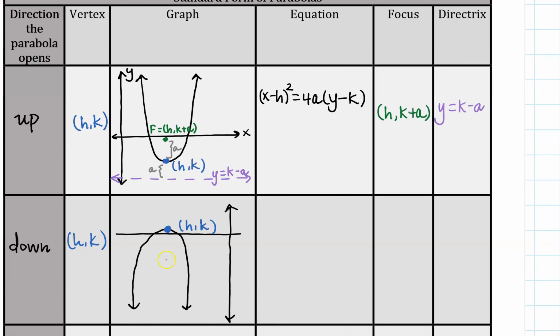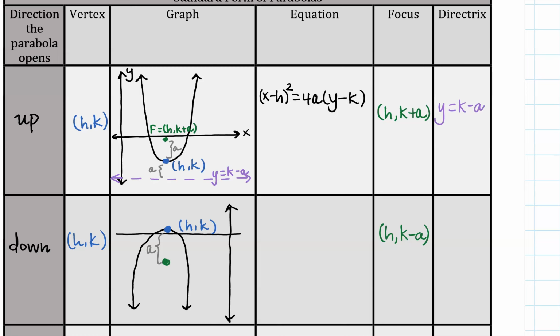The focus lives on the inside of the parabola, so it must be under the vertex, say about right there. The distance from the vertex to the focus is little a, and so for the coordinate of that focus, the x-coordinate is staying the same, but the y-coordinate is a units smaller. So the y-coordinate here is k - a because it is underneath the vertex.